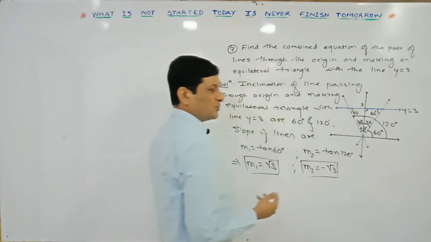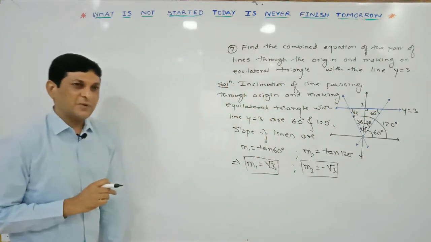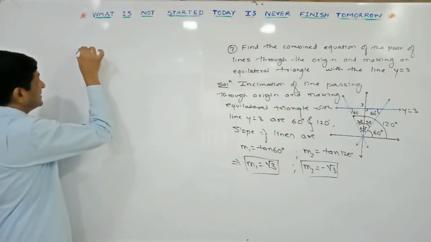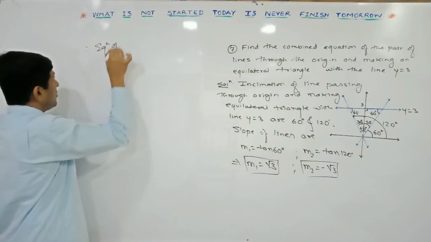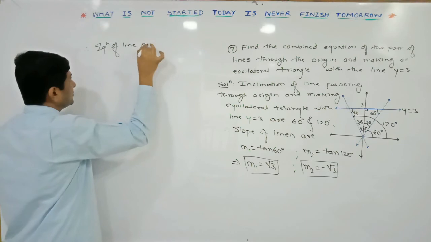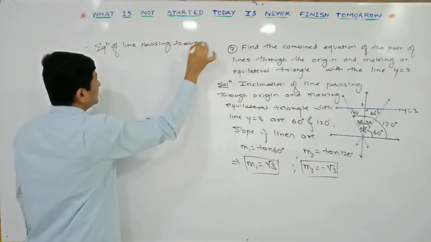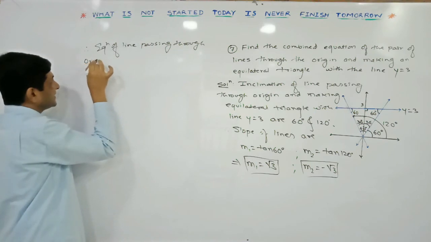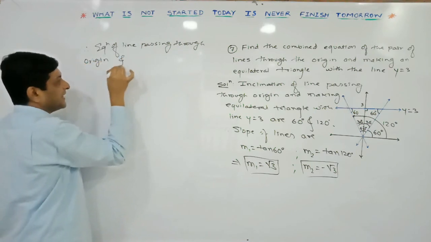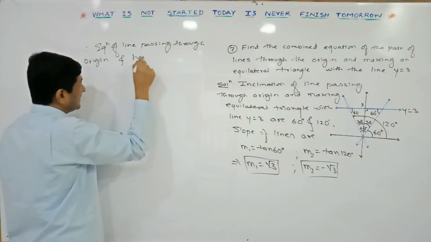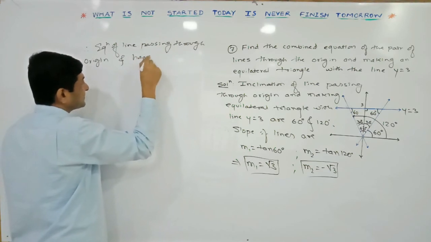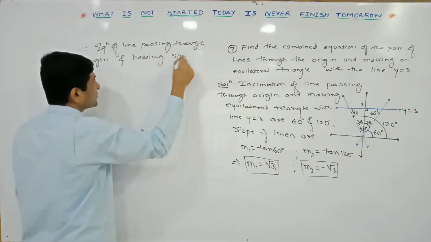Once the slopes are known to us, try to find out equation of line. So therefore equation of line passing through origin and having slopes. What are the slopes here?